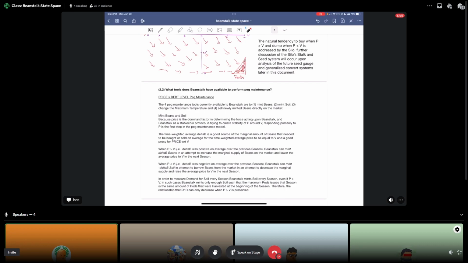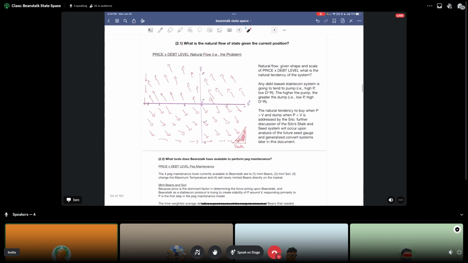Beanstalk uses the time-weighted average delta B to determine how many beans or how much soil to mint. So if Beanstalk is on average about here, it figures out, okay, it needs X amount of beans to be sold to return to peg, and it mints those beans, or vice versa. If it's here and it needs X amount of beans to be bought at the margin to return to peg, it creates that amount of soil.